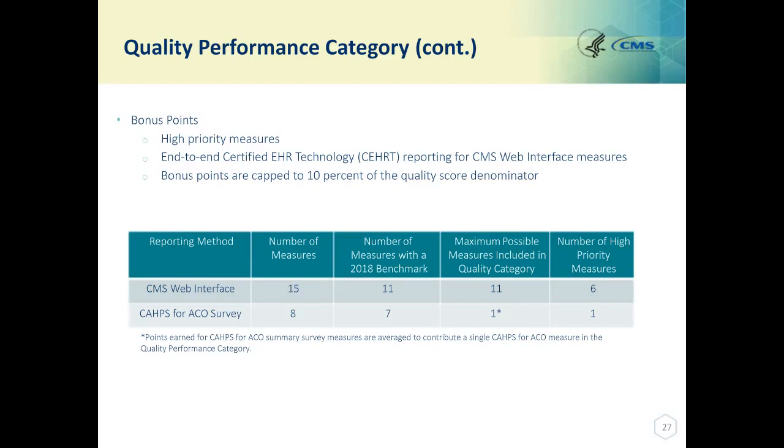Bonus points are capped at 10% of the total quality score denominator, and as you can see in the chart provided, it shows the maximum number of bonus points that are available for the quality performance category. Next slide.